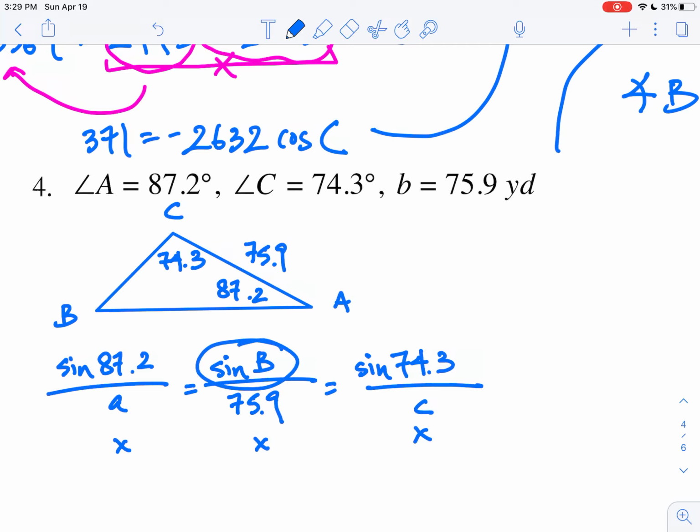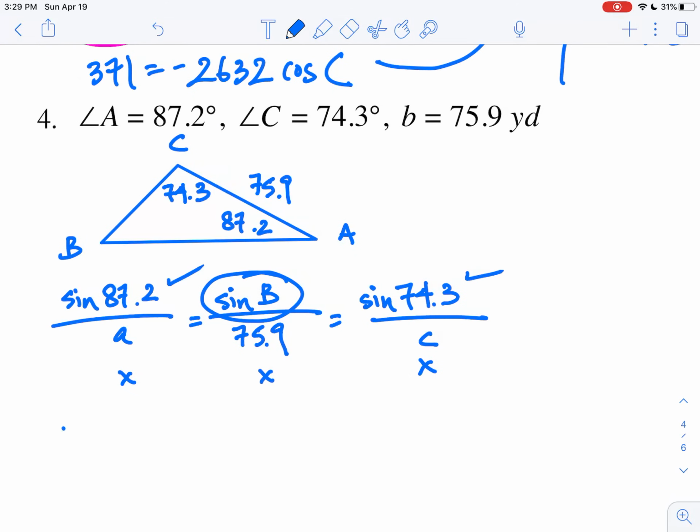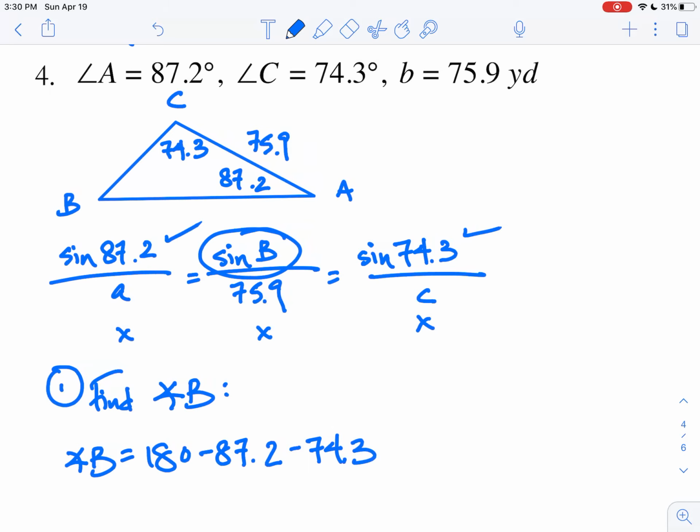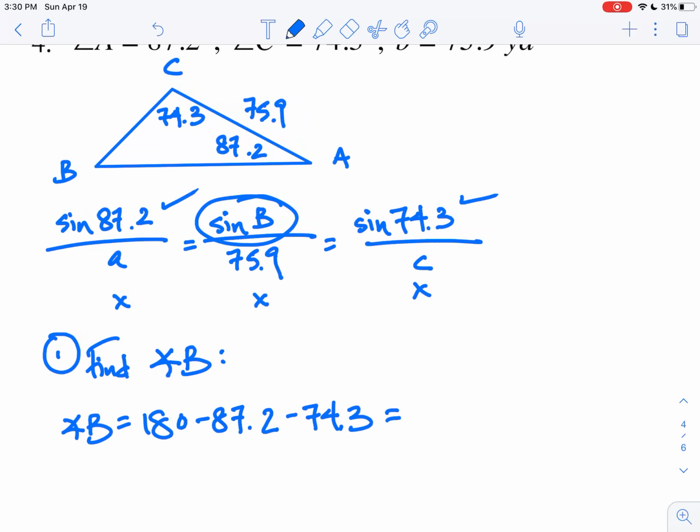I could go ahead and find angle B though, because I have angle A and I have angle C. So let's go ahead and do that. Number 1, find angle B. Angle B equals 180 minus 87.2 minus 74.3, which will give us angle B is a very small angle, 18.5 degrees.